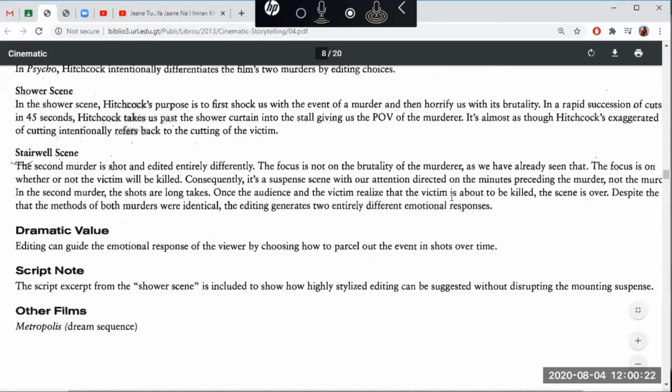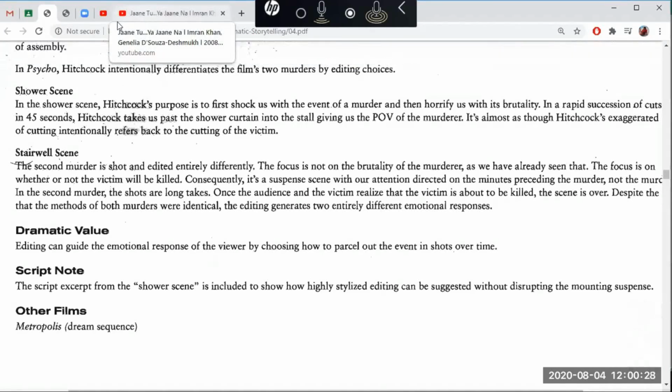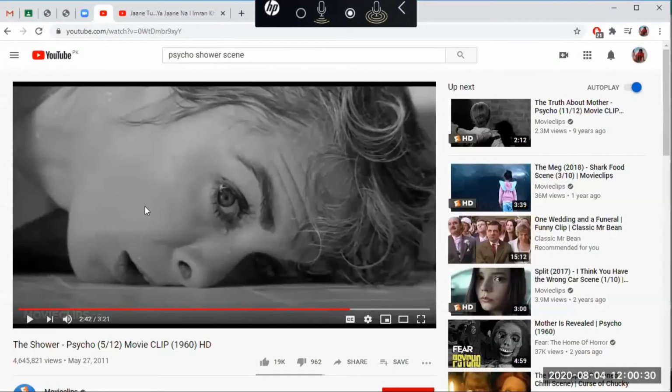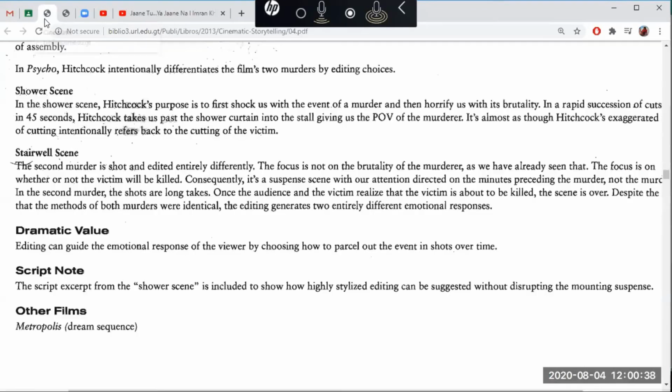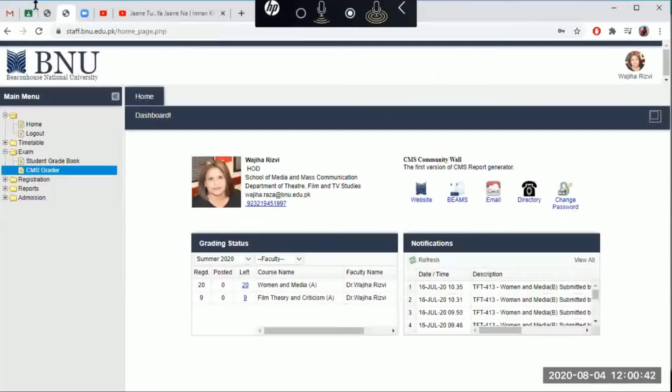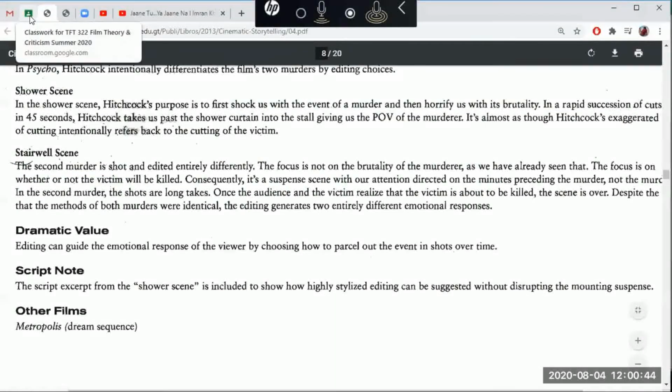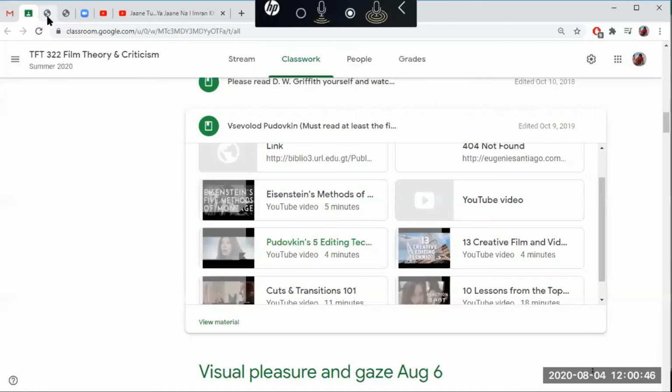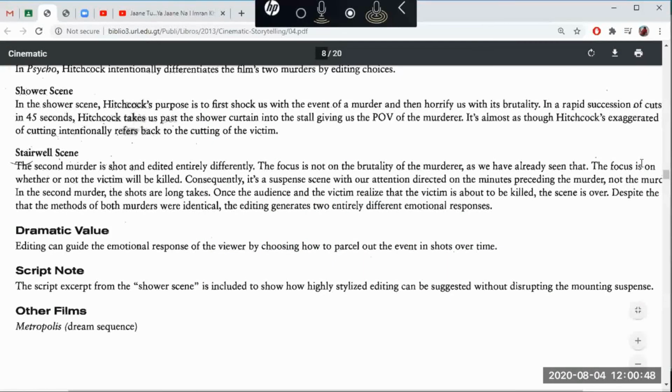The murder is completed in 45 seconds, right? So the whole scene was actually longer because it was showing the shower part and the murder part. Okay, so basically, all he's saying is that the murder is completed in 45 seconds, right? From the time he pulls the curtain, attacks her, and kills her.